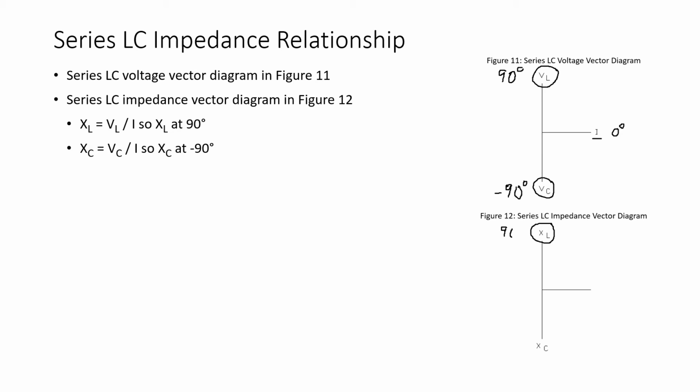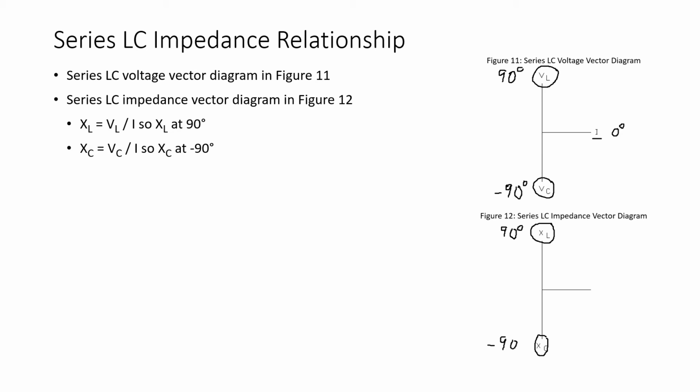And X sub C, capacitive reactance, equals VC divided by I. And again, if I take VC at negative 90 degrees divided by I at 0 degrees, I plot X sub C down here at negative 90 degrees.